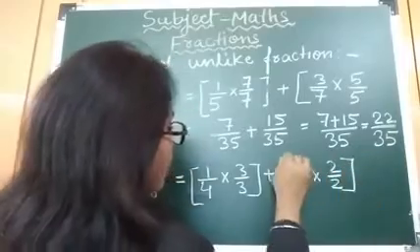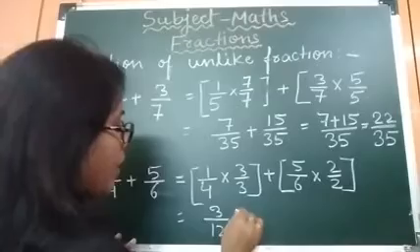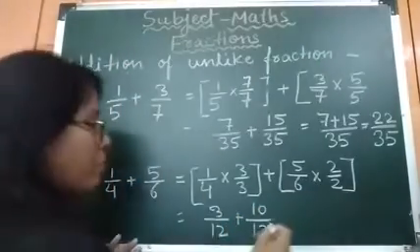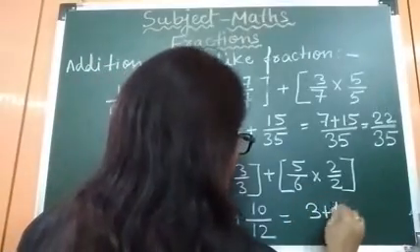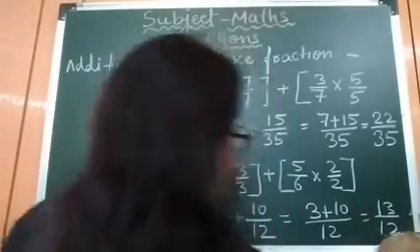Fine. Now, we will see that here it is 3 upon 12 and here 10 upon 12. Denominators are same. Simply we have to add numerators. So, 3 plus 10 upon 12, that is 13 upon 12.